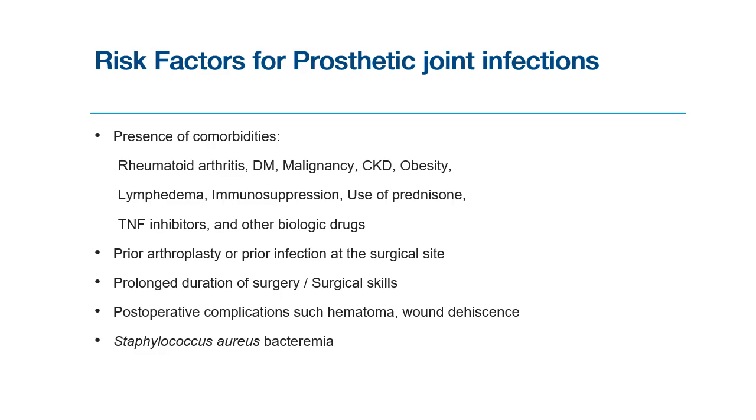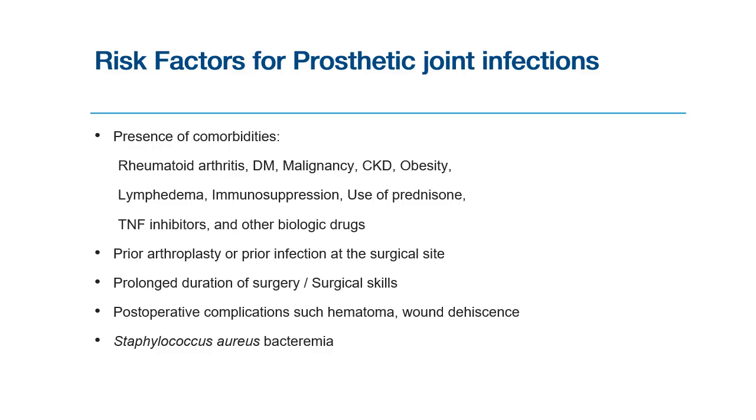It is also increased with prior arthroplasty or prior infection at the surgical site. It is also increased if surgery is prolonged and depending on the surgical skills. A good surgeon will have less risk of infection than a less trained surgeon.